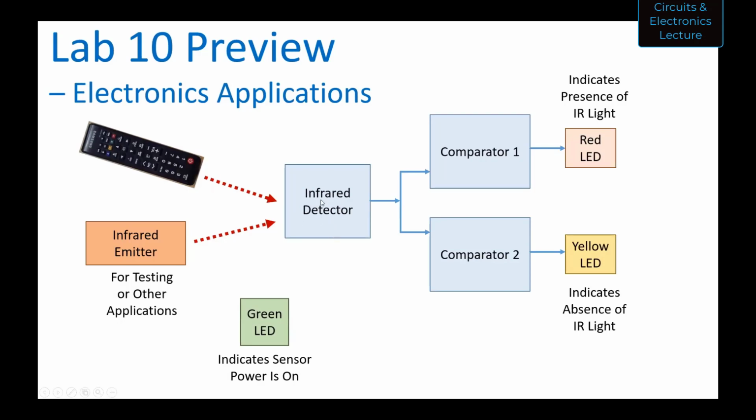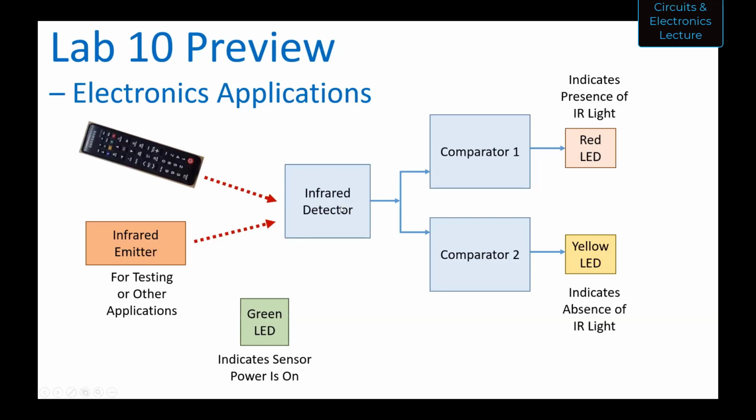and your power light's going to light up, but these red and yellow LEDs will be complementary. In other words, if you shine the infrared sensor at the detector and turn it on, the red LED should light up. If you don't see it light up, a couple things could be wrong.